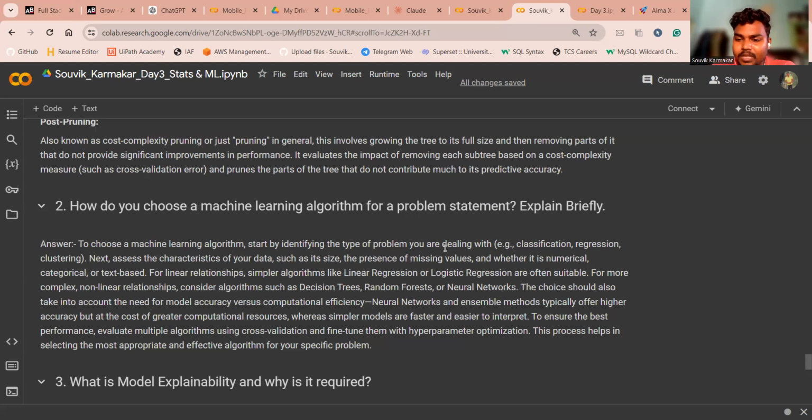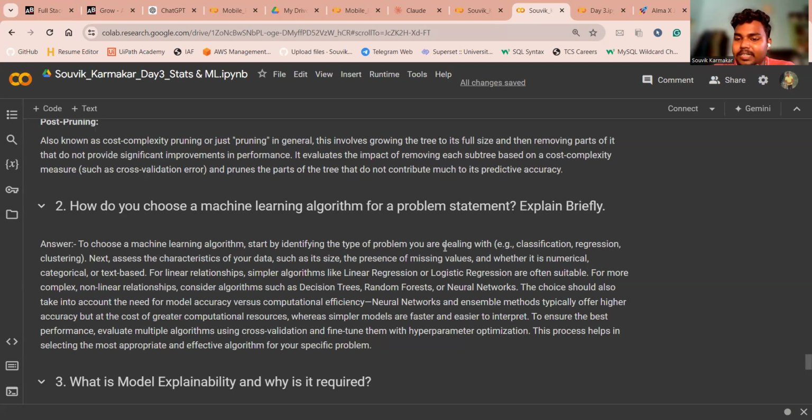The choice should also take into account the need for model accuracy versus computational efficiency. Neural networks and ensemble methods typically offer higher accuracy, but at the cost of greater computational resources. Basically, the cost of training these models is high compared to simple models, where simpler models are easier to interpret.